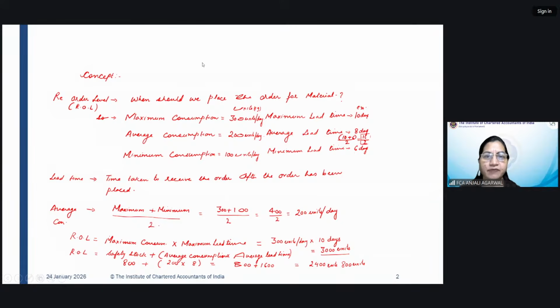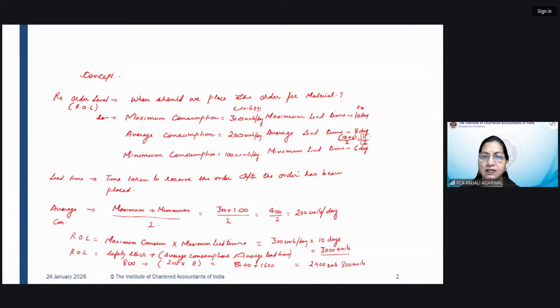So you will get different answers, right? I'm not looking at the answers. The reorder level is 3000 units or it could be 2400 units. So the answers for the two formulas will be different, but this is also perfectly valid.